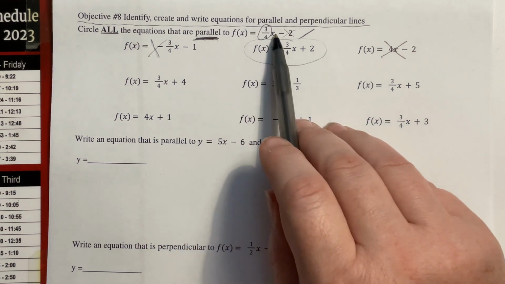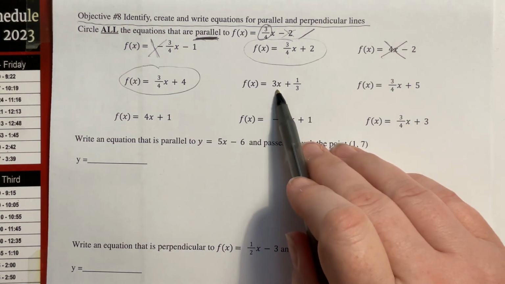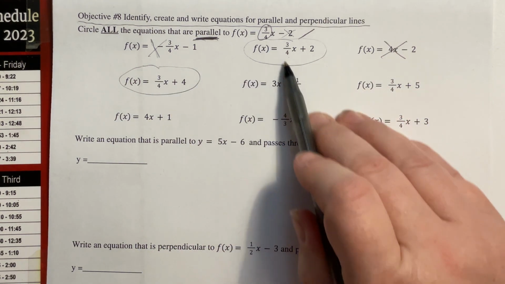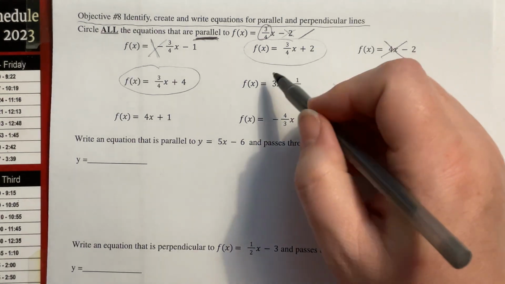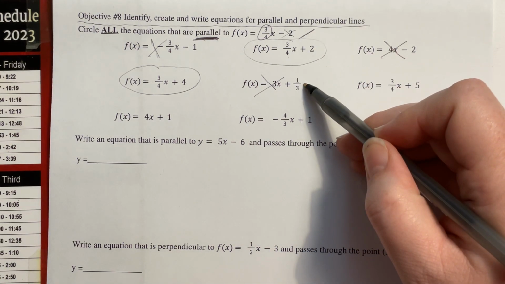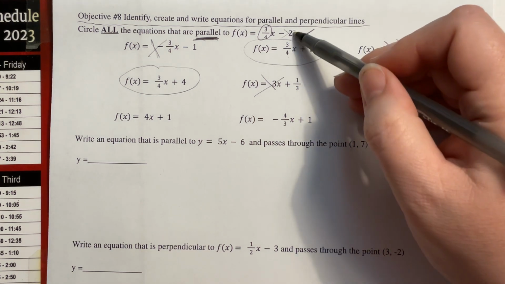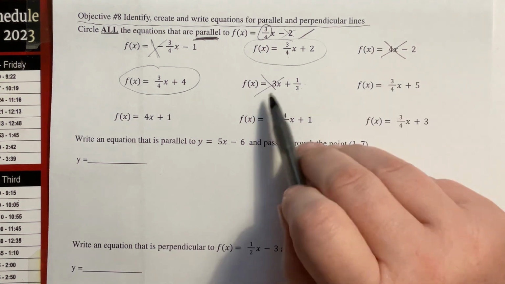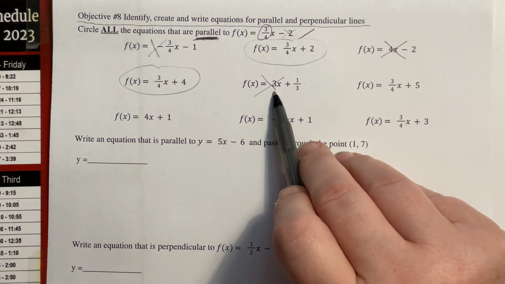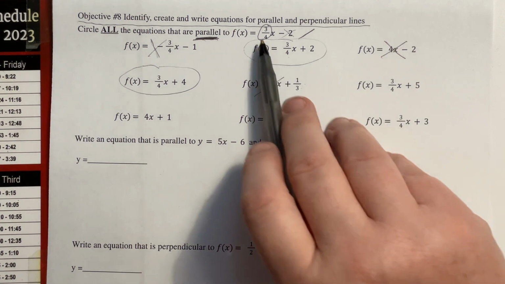How about this one? These guys match. Here, there's a 3 in it, but nope, not important. There is a fraction here for the b. I just wanted to point out that if there was a fraction as the b, that's okay. But that slope doesn't match, so it does not matter. What about this one?